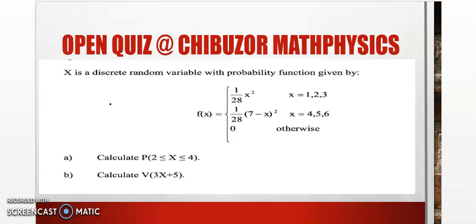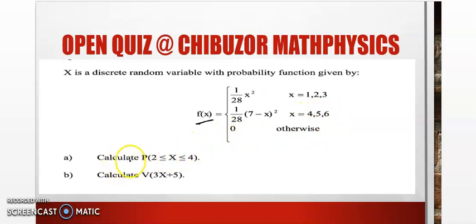So let's take this question. X is a discrete random variable with probability function given by f of x. f of x is equal to 1 over 28 x squared, where x takes 1 up to 3, and 1 over 28 times (7 minus x) squared when x takes 4, 5 up to 6, and 0 otherwise.